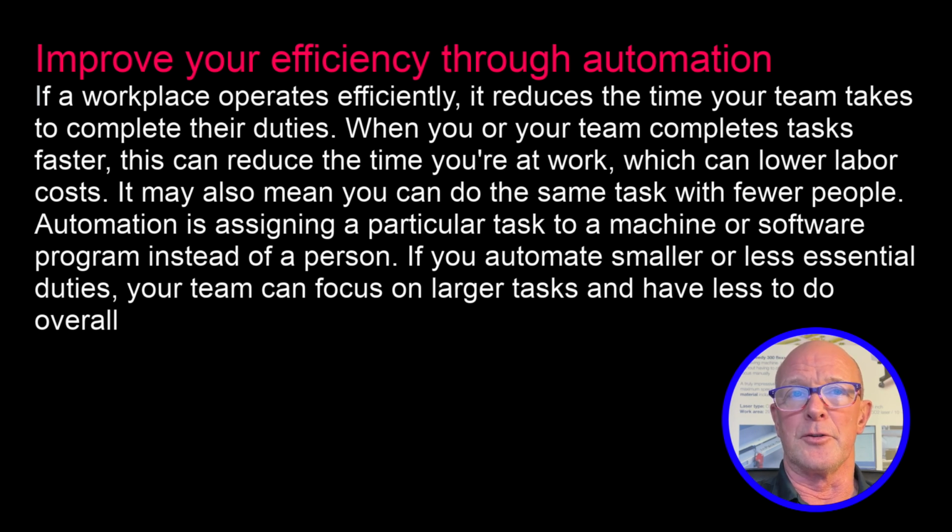It may also mean you can do the same task with fewer people. Automation is assigning a particular task to a machine or software program instead of a person. If you automate smaller or less essential duties, your team can focus on larger tasks and have less to do overall. This is the beauty of the Ruby Profiles setup.